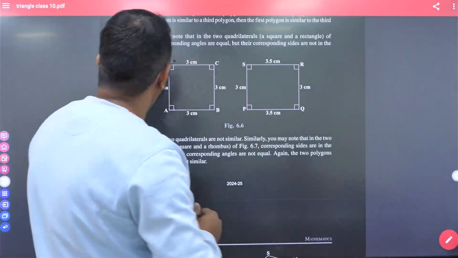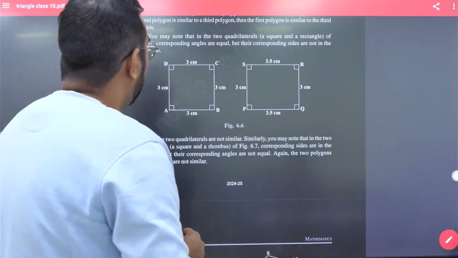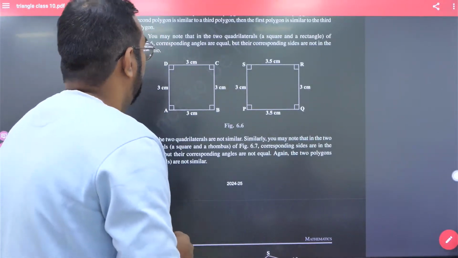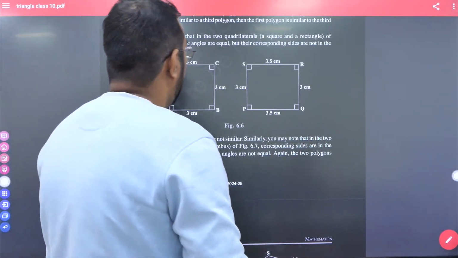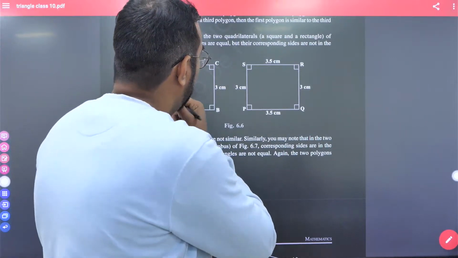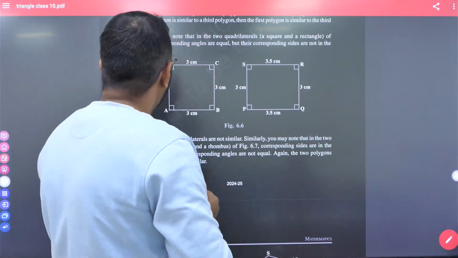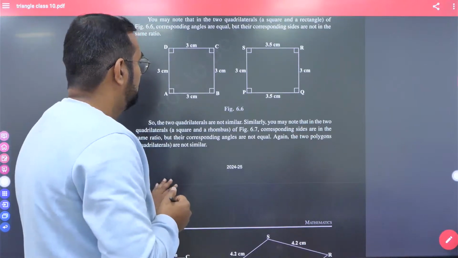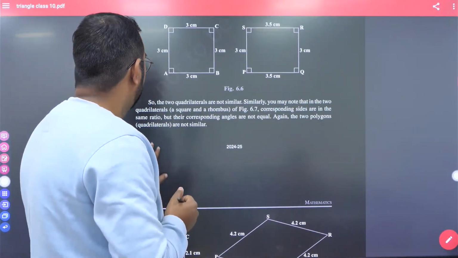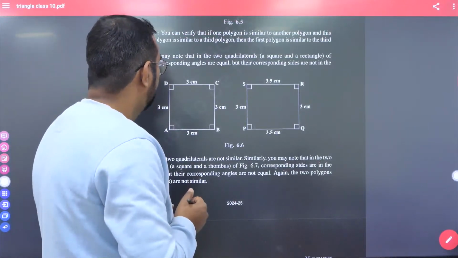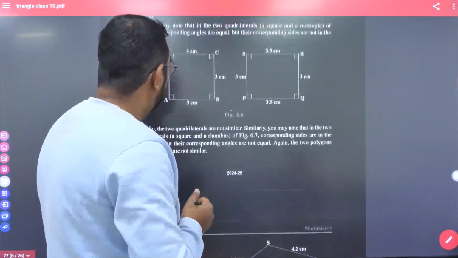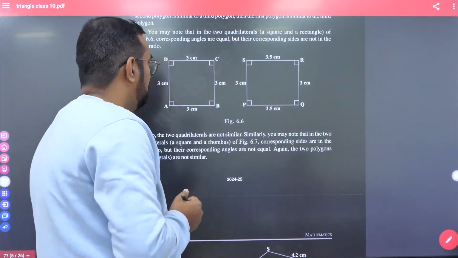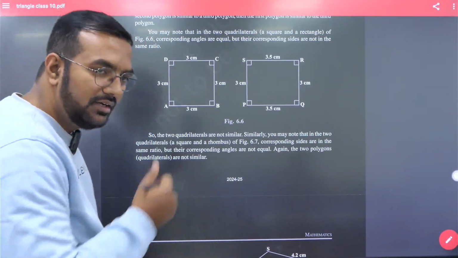What about these two figures, A, B, C, D and P, Q, R, S? Are they similar? Yes, these two figures are similar.